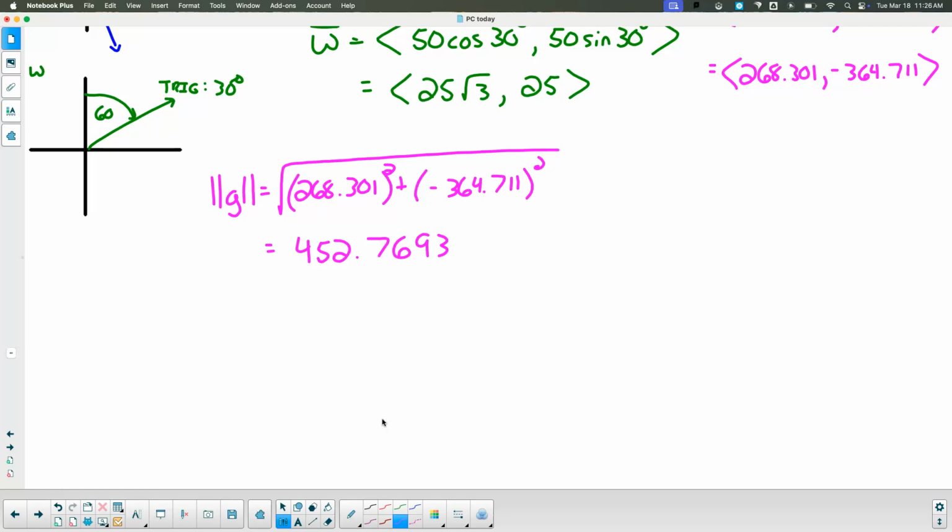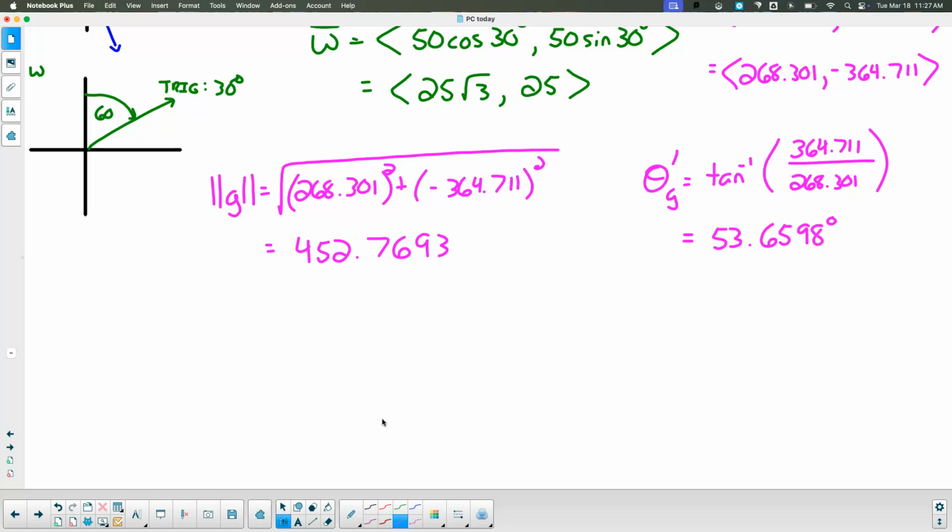We also need to find the reference angle for G. I get a reference angle here of 53.6598 degrees. Yes?